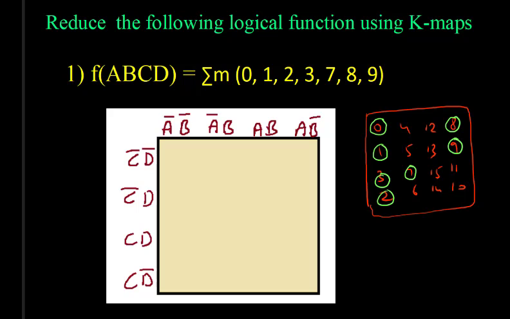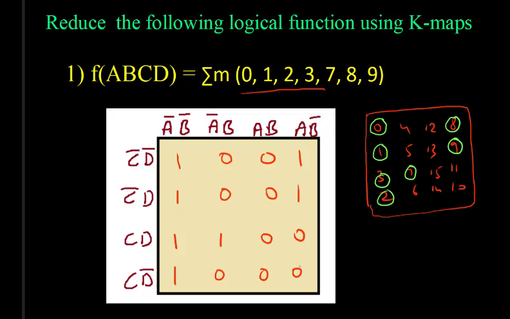So let us put the values here: 0 is 1, 1 is 1, 3, 2, then 7 is also 1, then 8 and 9, and the rest are all zeros. So for SOP we put all these cell numbers as 1 and the rest as 0.